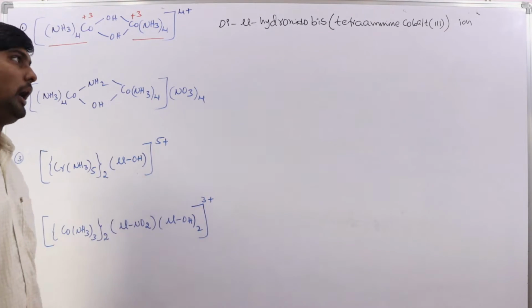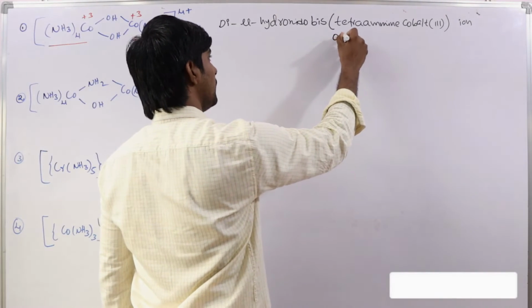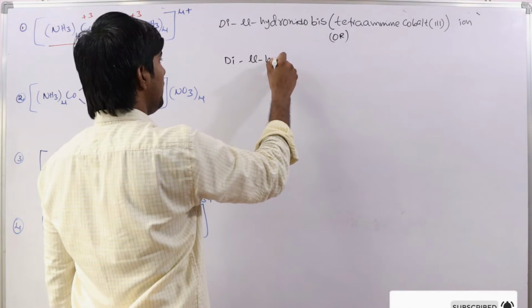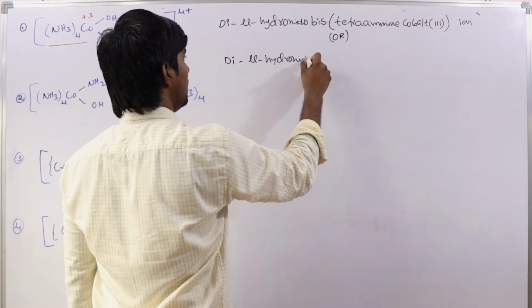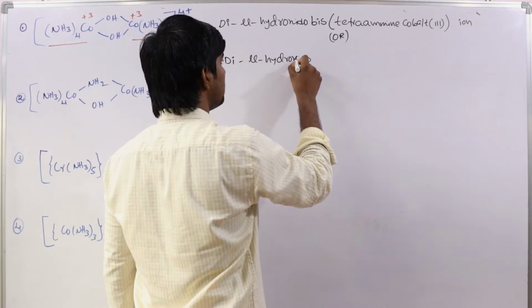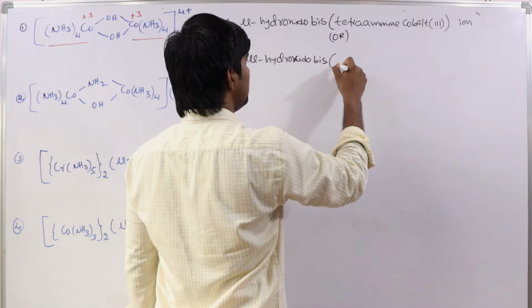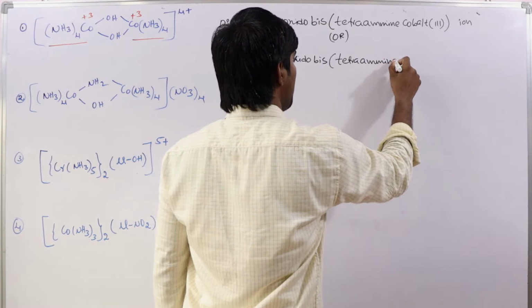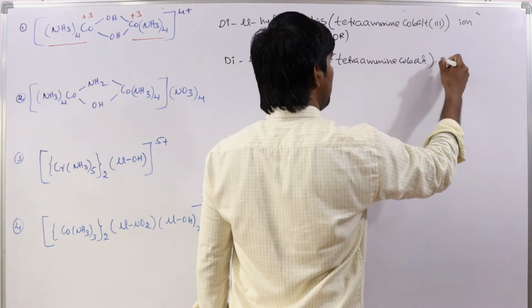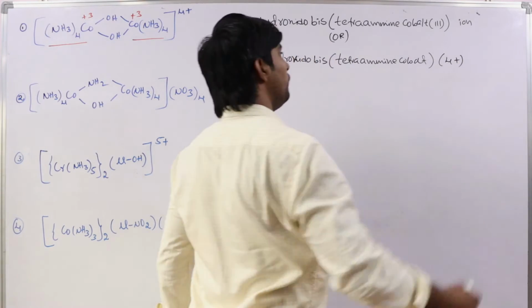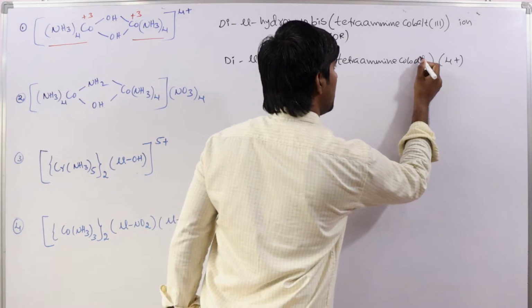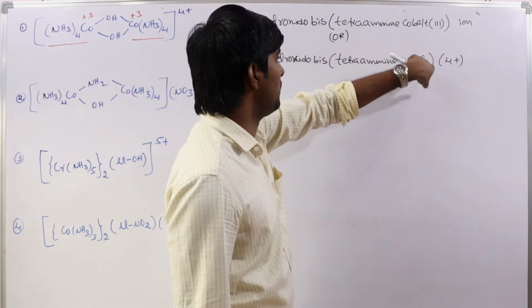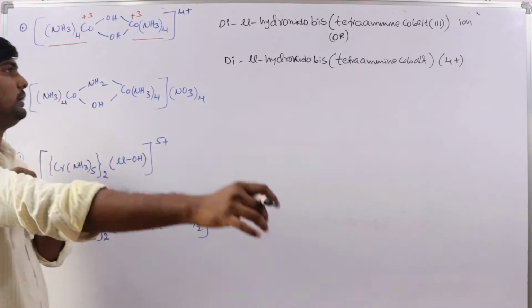Or we can write its name, everything the same: di mu hydroxido bis tetraamine cobalt 4 plus. Look at the difference between these two.